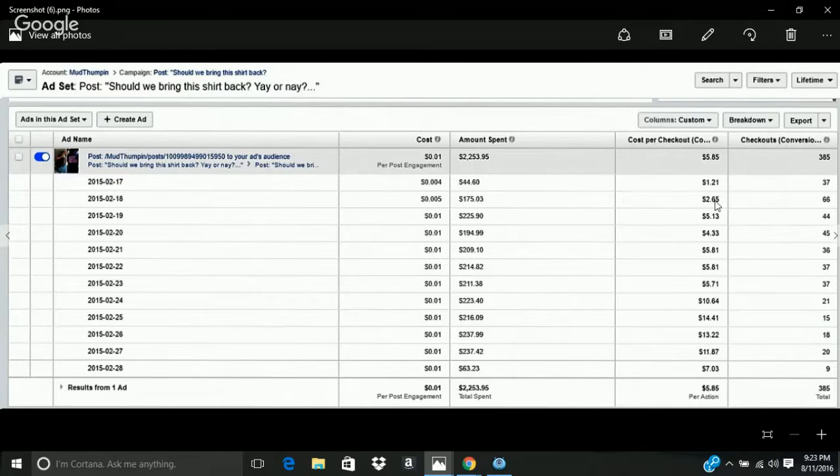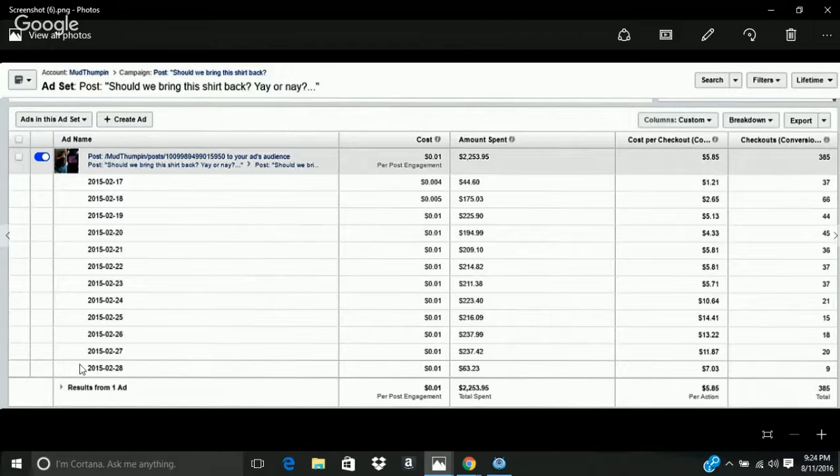Second day did really well too, and we spent more on the budget because it was closer to a full day of running. 66 orders at $2.65 each. Then it went up to 5. Then it went down to 4 something. Then 5. See how it slowly started rising up. We're still making money though. See how it went up to 10, 14, 13. Now it's going back down, 11 and 7.